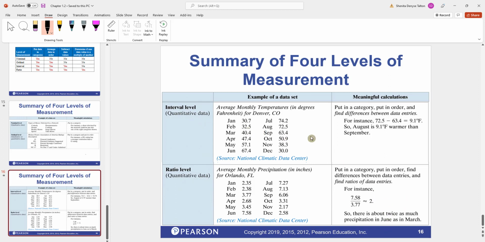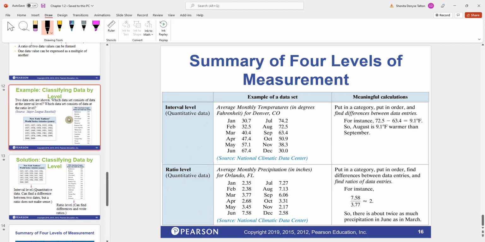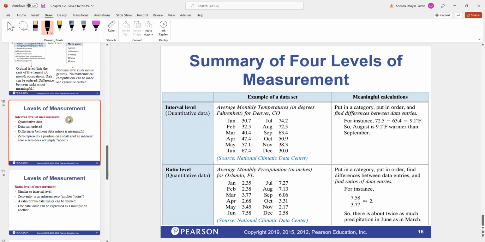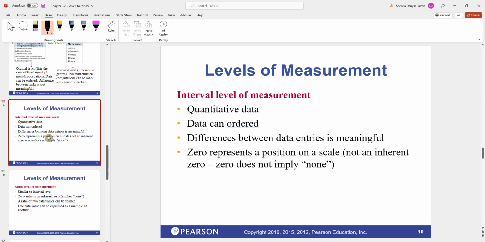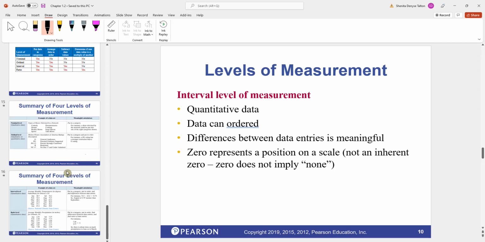For interval, you don't have to start at 0 when it comes to interval data. If you go back to this definition that I had up here, 0 represents a position on the scale. It does not imply none. So when I think of interval, you can also think of temperatures.